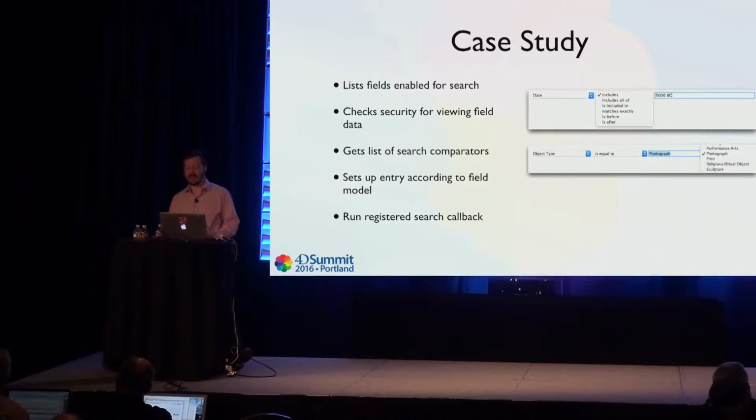It sets up the entry according to whatever the field model is. In this case, it's a choice list, and when you click into that field, it not only has type ahead because it knows what the options are, but it has a drop down of the values that could be chosen. And once you've filled everything out, it runs the callback method that you've set up for that field in your virtual structure.